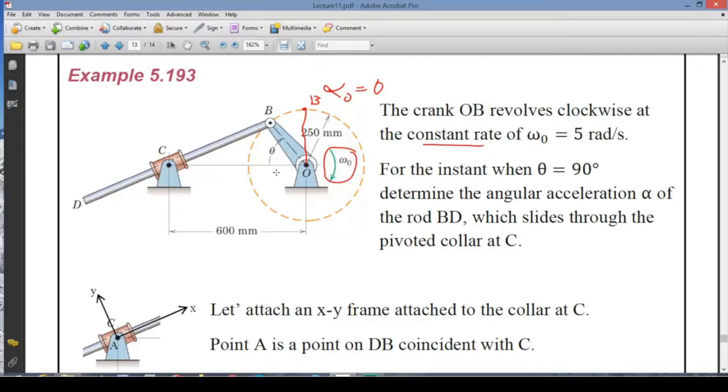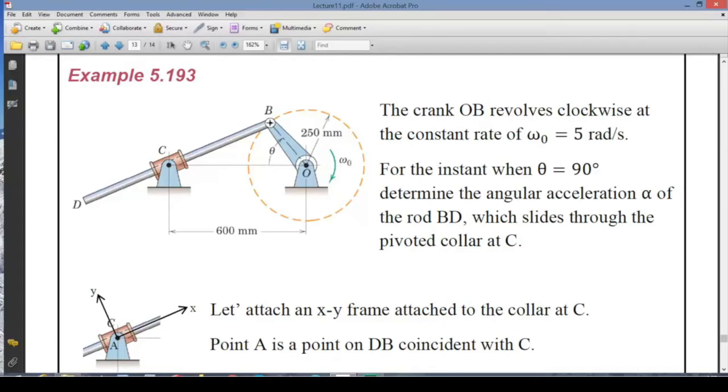Now, the information that we have in this question leads us to a couple of solution directions. One direction is that we already know the angular speed and angular acceleration of this bar.